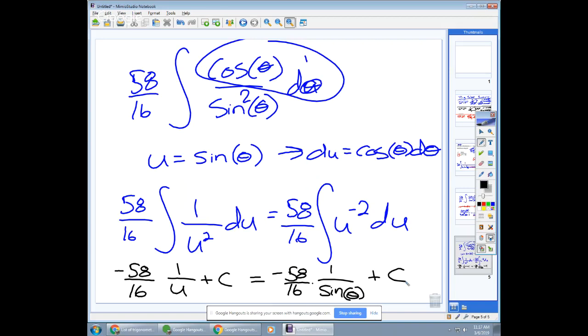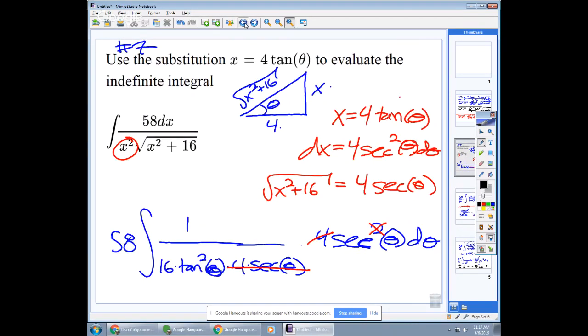Then we have to go back to our substitution to figure out what to do with the sine of theta. So let's see, what should the sine be according to this triangle? X over the square root. Now we have 1 over the sine, so we would want the square root over x, right, if we flip it.